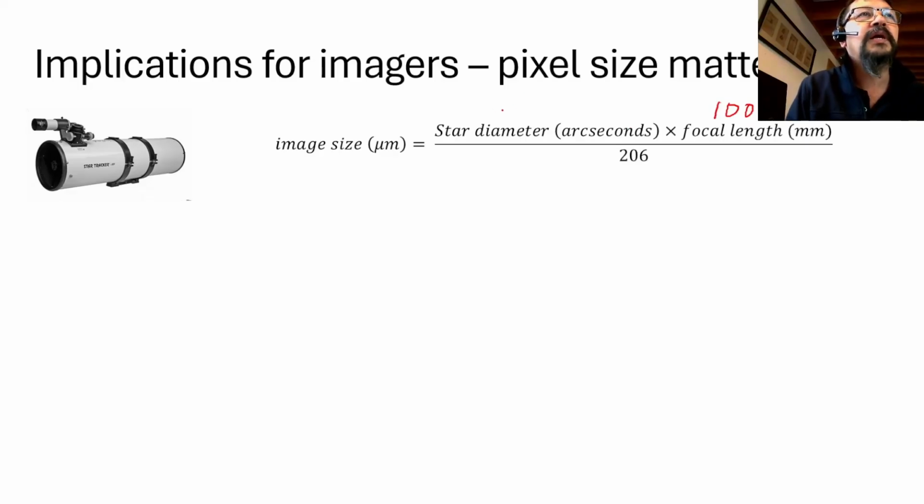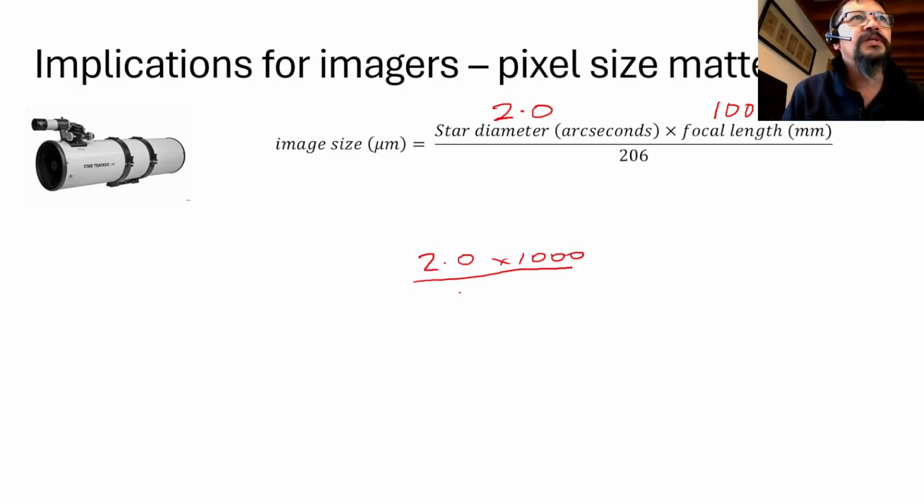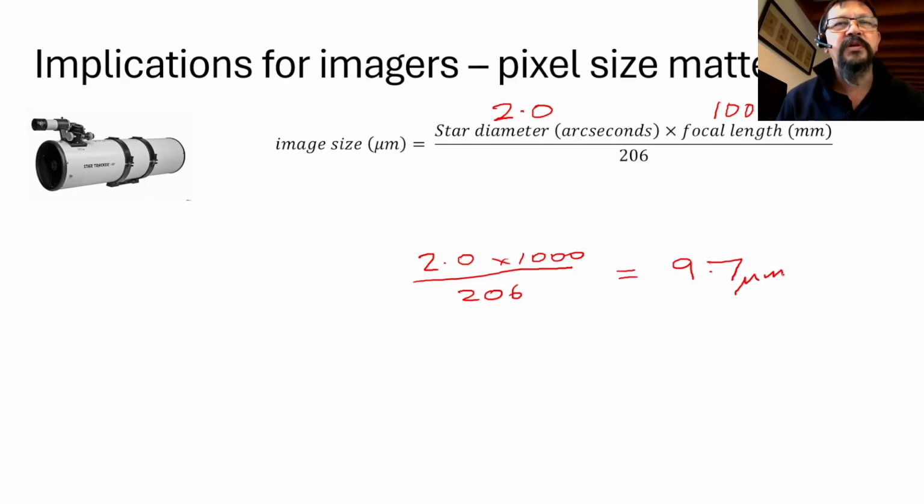And the diameter of my stars, as I said before, let's say it's a really good night and I'm getting 2 arc seconds per star. 2 times 1,000 divided by 206 is equal to, check my calculator, 9.7 micrometers. That's the diameter of the dot on my sensor.